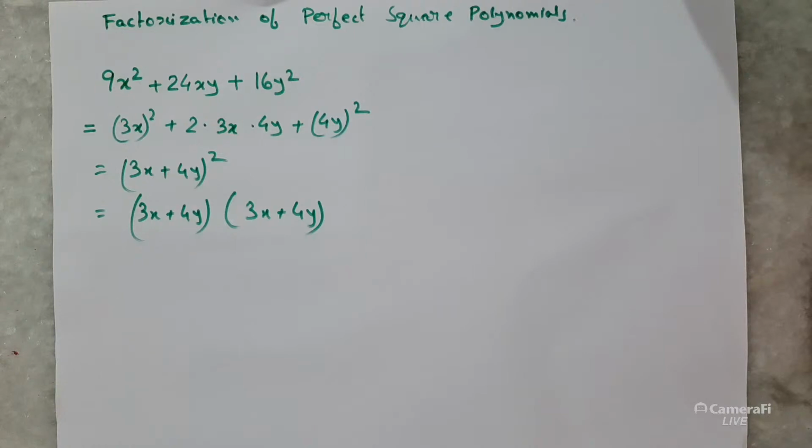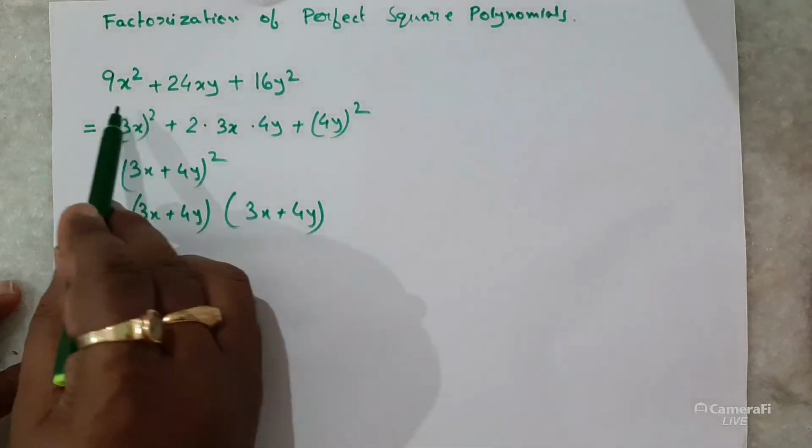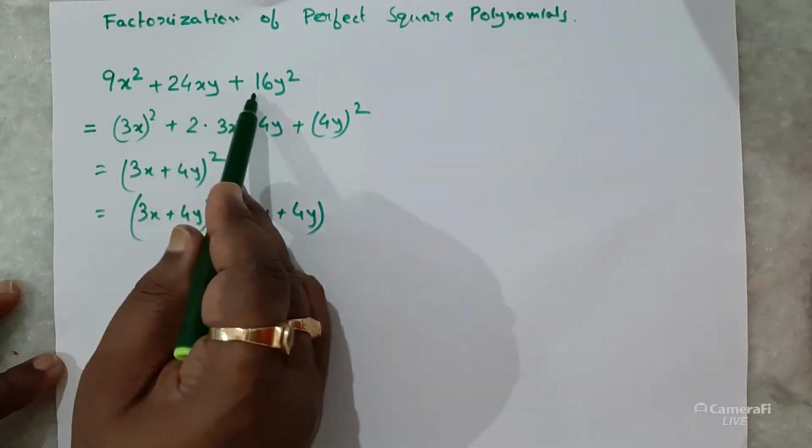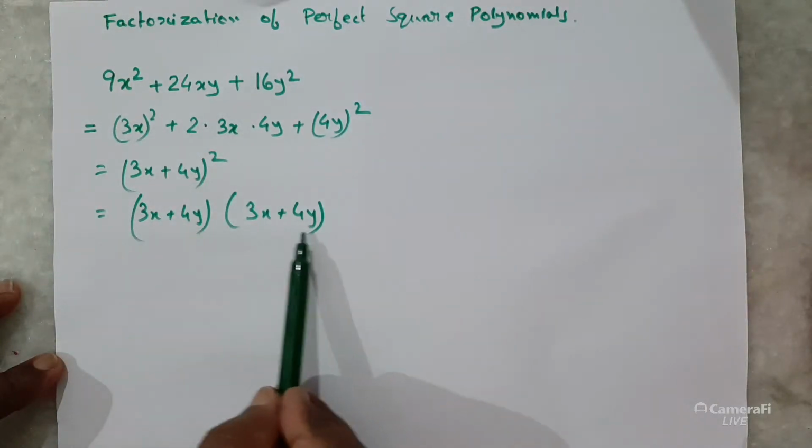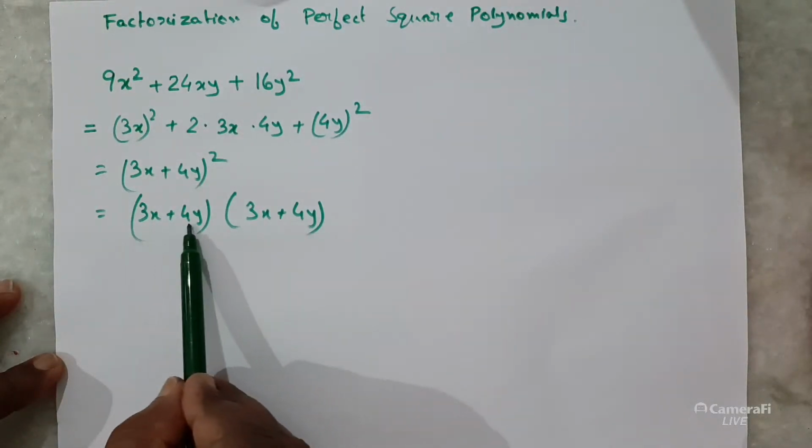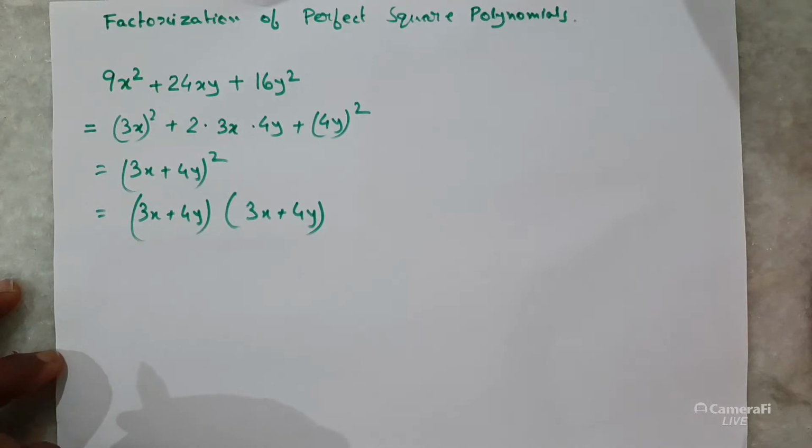The factorization term means you have to express one algebraic expression as the product of two or more algebraic expressions. Like here I am expressing 9x square plus 24xy plus 16y square as a product of two algebraic expressions, that is 3x plus 4y into 3x plus 4y.